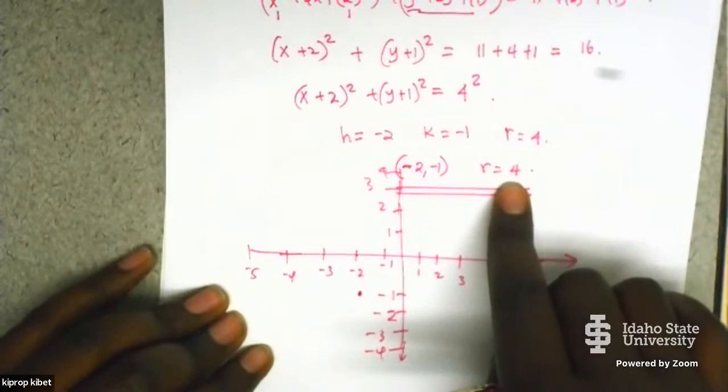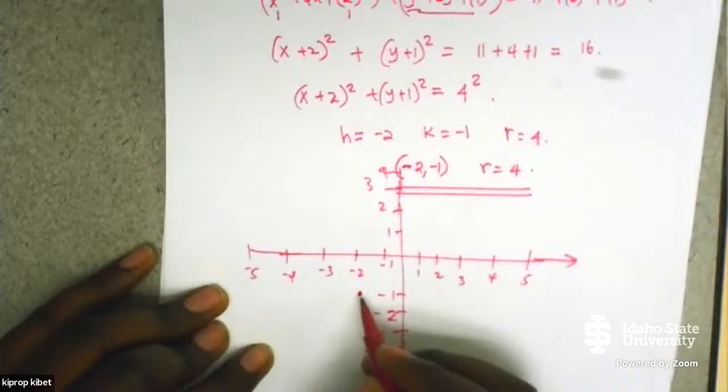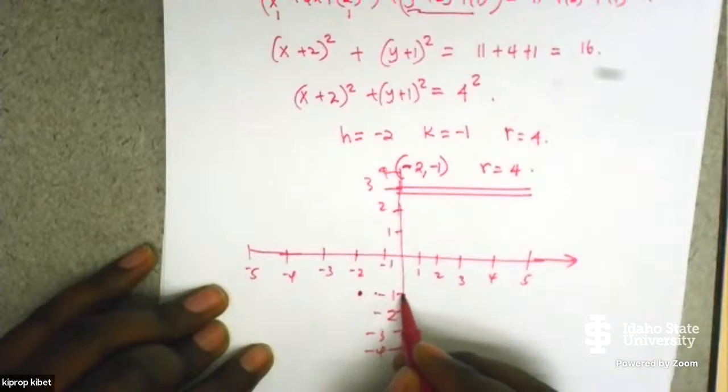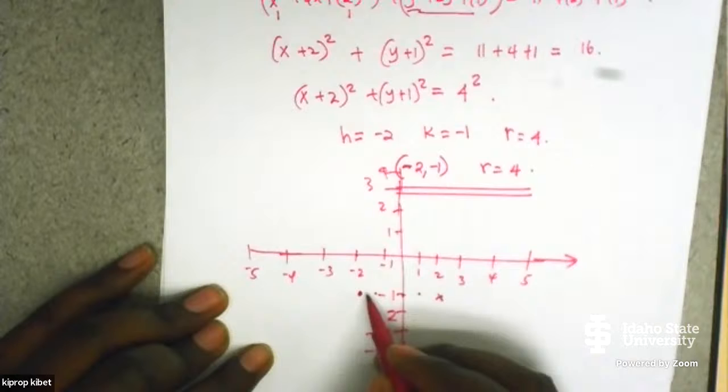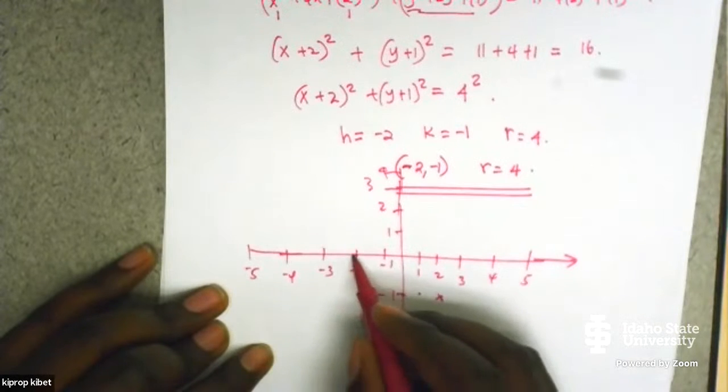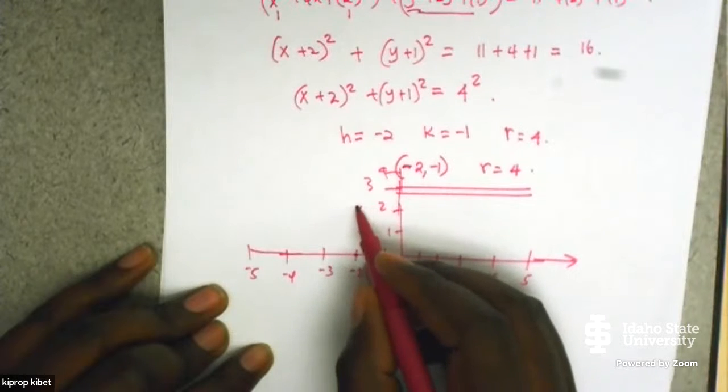And our radius is 4. So from the center we count 1, 2, 3, and then 4 up to here. Again, the same distance, 1, 2, 3, 4 up to there.